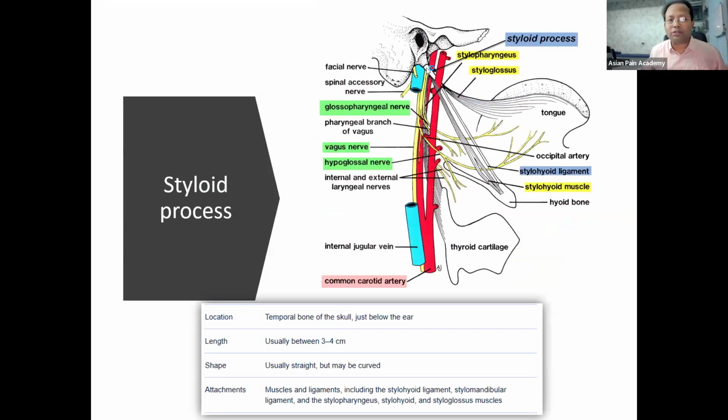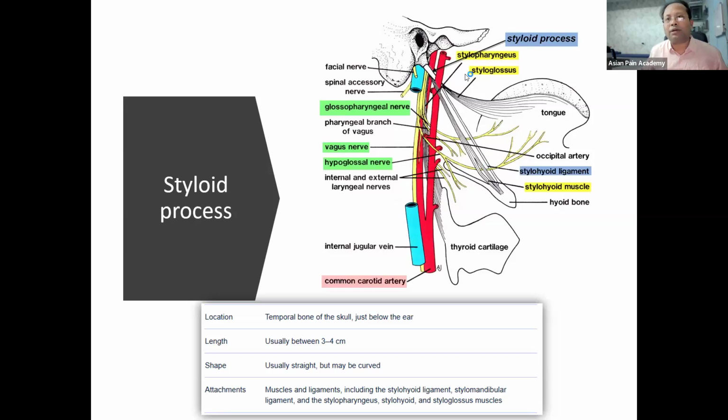Here is the styloid process, which is a very important thing, very important from the procedure point of view. Here is the anterior side and this side is posterior. This is the mastoid.